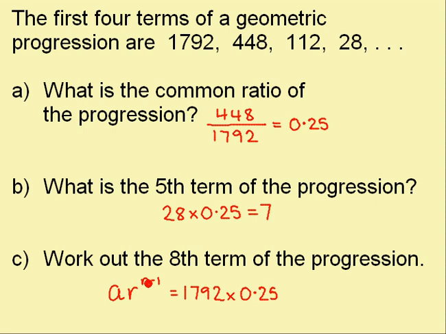And n is the number of the term I'm looking for, that's 8, so n minus 1 is 7. Typing this into a calculator gives me 0.109375, and this is the eighth term of the progression.